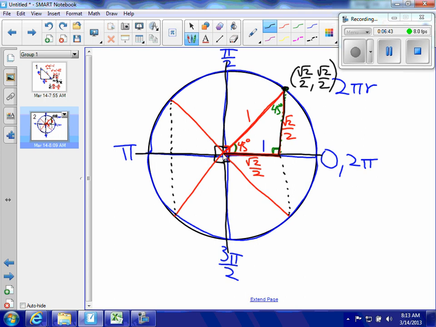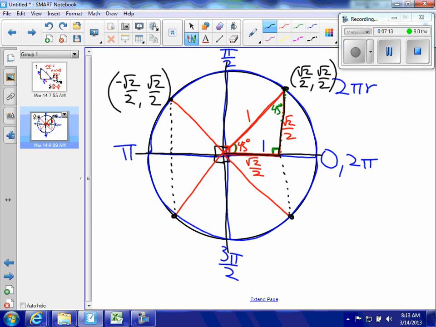The only thing that's going to be different in terms of the point of each of these spots on the circle is going to be the sign, S-I-G-N. So this is going to be radical 2 over 2, comma, radical 2 over 2. However, the x value is going to be negative.